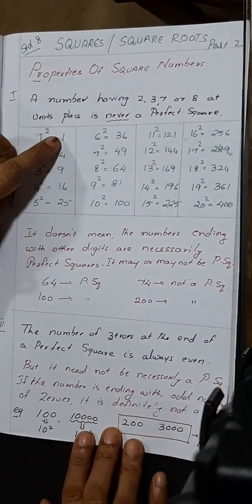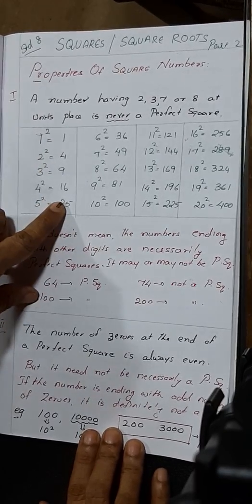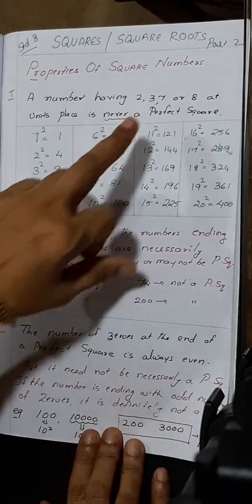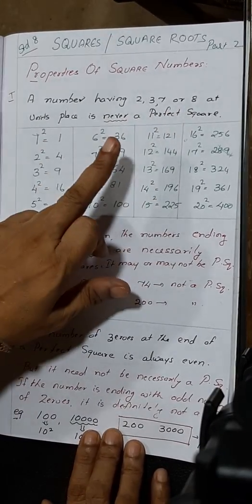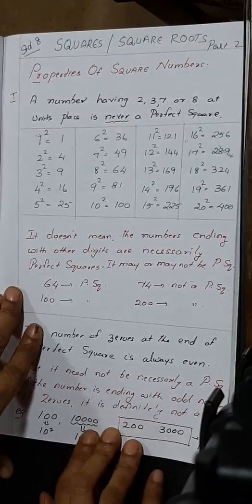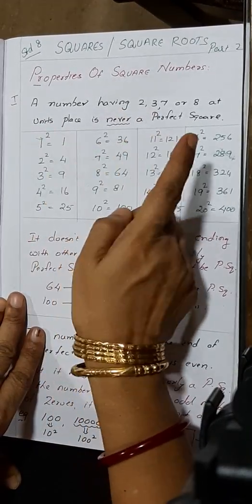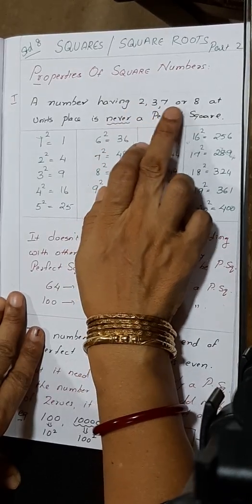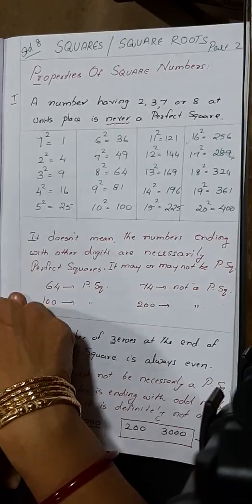In these numbers you can see you don't have a number ending with 2 or 3 or 7 or 8. You have all the other digits apart from these 4. So if you get a number ending with 2, 3, 7 or 8, it can never be a perfect square.